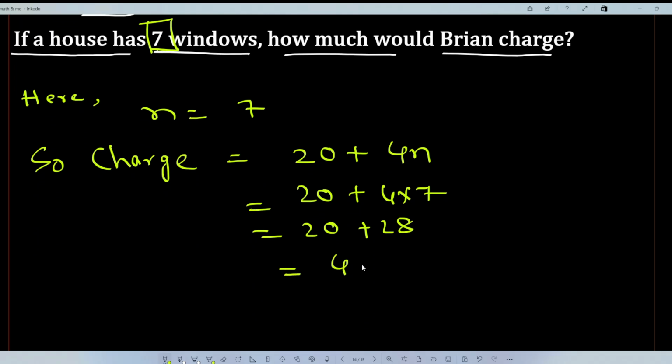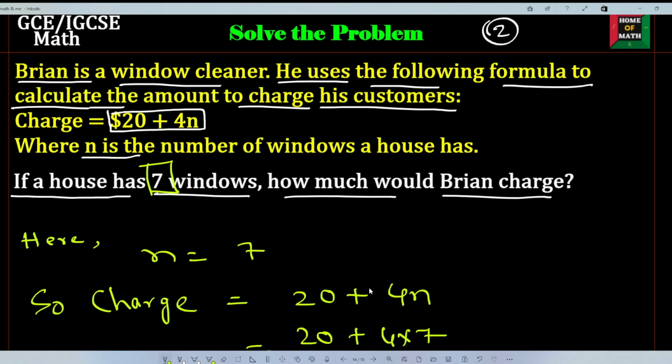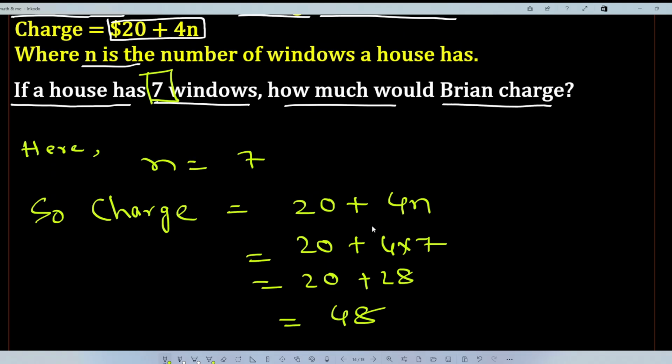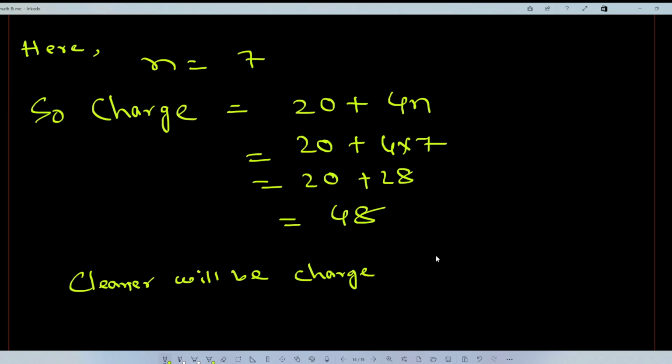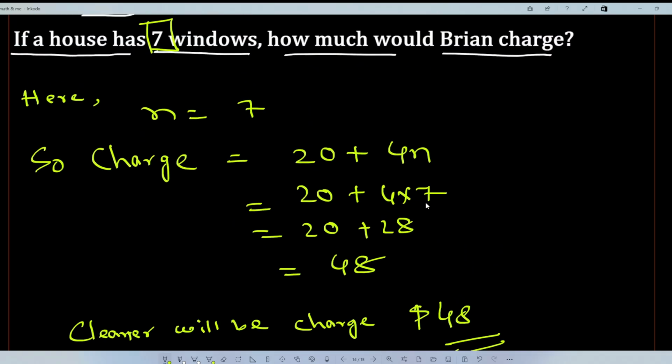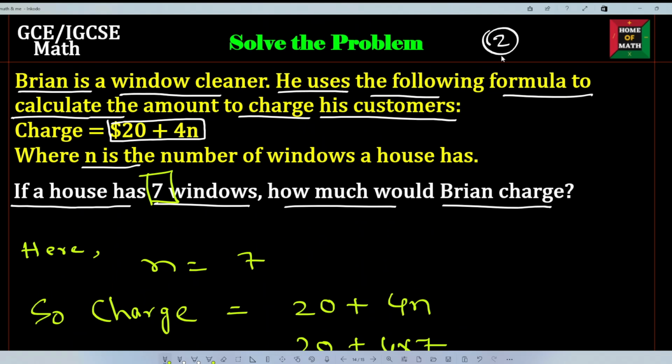So here is 48. So the cleaner will charge $48. Okay, it's not tough math but very interesting math. So the second one is complete.